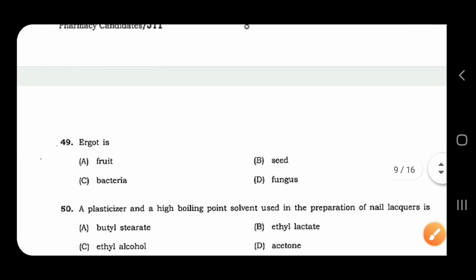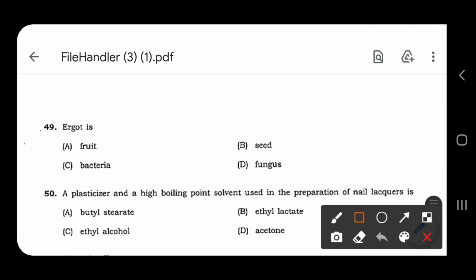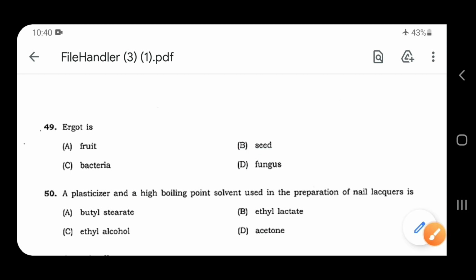Next is question number 49. Ergot is fruit, seed, bacteria, fungus. Ergot is a fungus known as Claviceps purpurea. So the correct answer is fungus. Next question is 50.